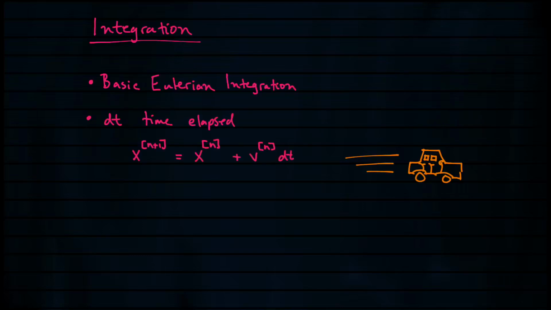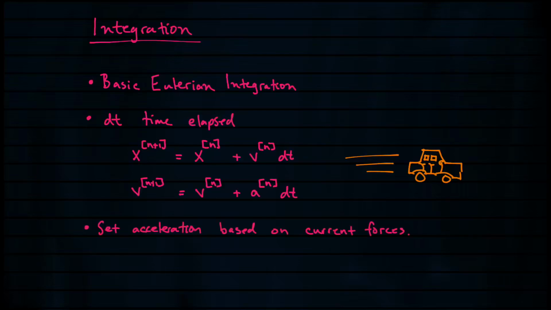And so we would use a basic integration step where we would say that the next value of x is given by the current value of x plus whatever the current value of velocity is times the time step. Then we'll update the velocity, and we'll say that the next value of velocity is equal to the current value of velocity plus the current acceleration times the time step. And we'll just continue doing these operations.